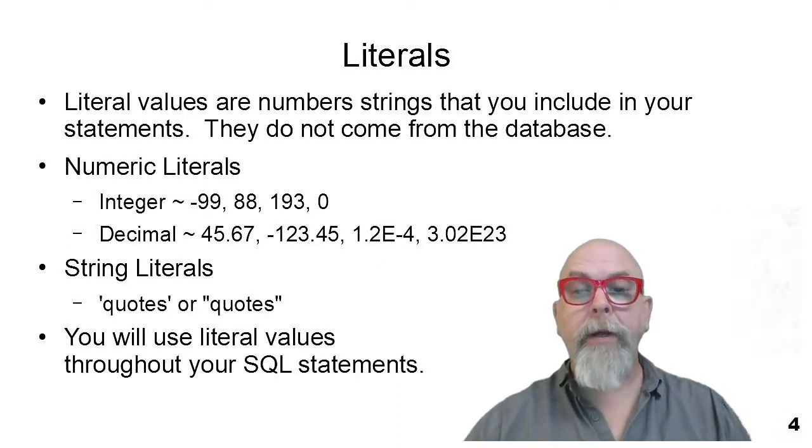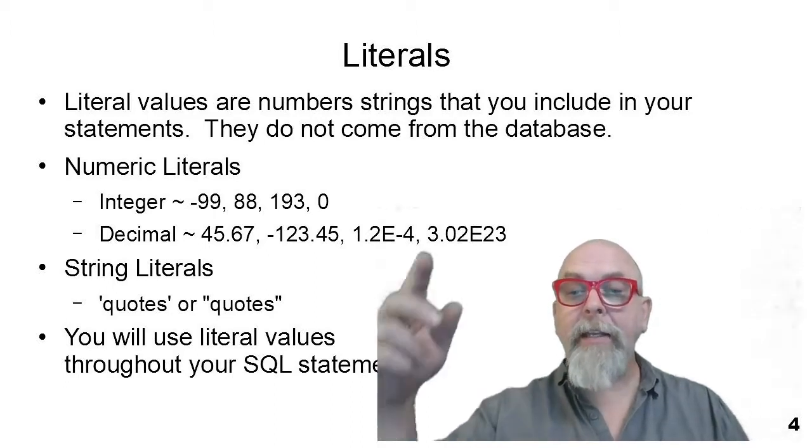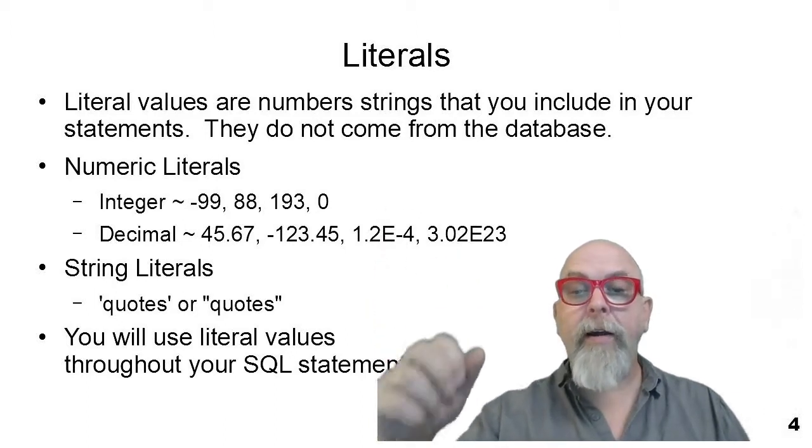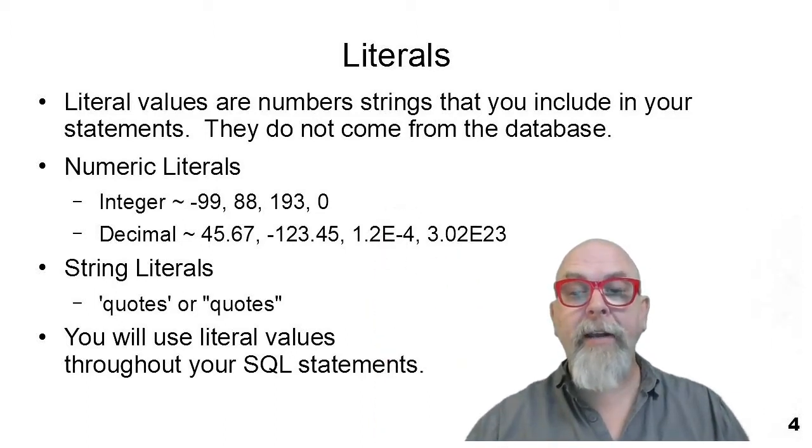have a decimal point. Decimal literals may be expressed as a whole number dot fractional part, but they can also be expressed in scientific notation, and you can see that in the example, like 1.2 e to the negative fourth would be 1.2 times 10 to the negative fourth power, and 3.02 times 10 to the 23rd.